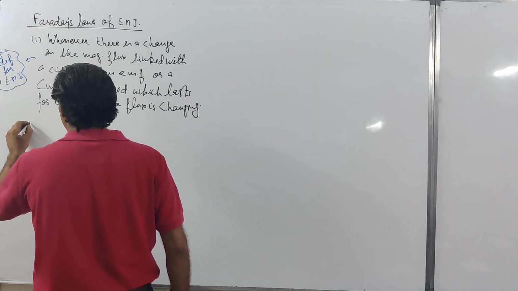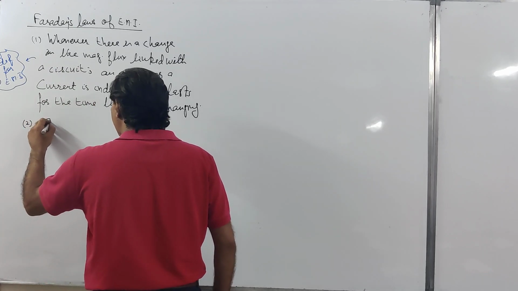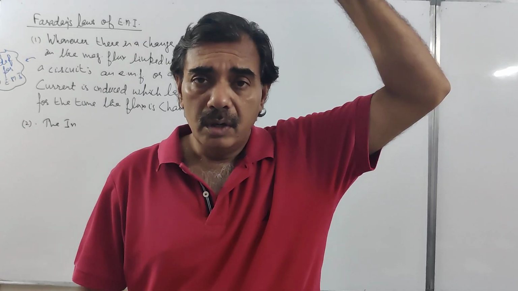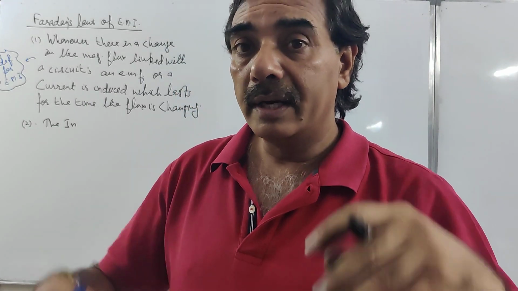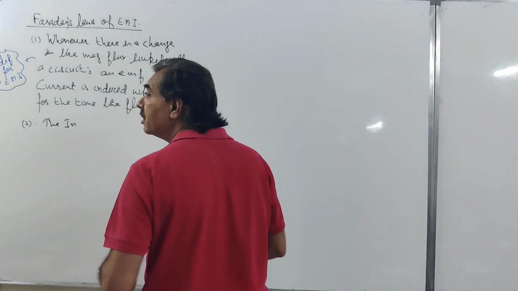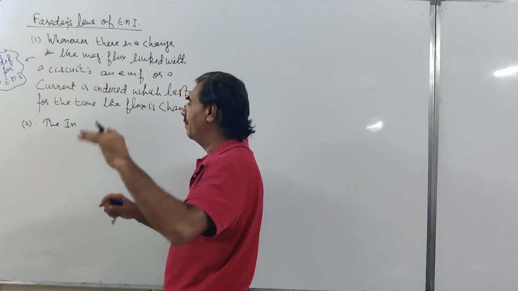दूसरा, the induced EMF. हमने देखा था कि when the magnet is moved towards or away from the coil at a faster or a slower rate, तो वो डिफ्लेक्शन कम ज्यादा हो जाती है, faster slower ज्यादा कम.